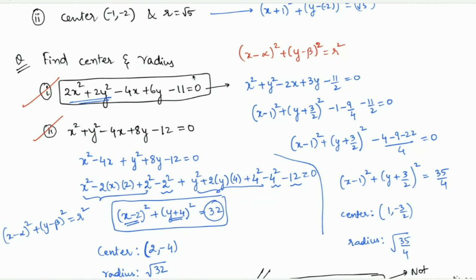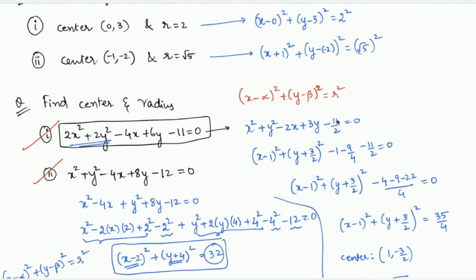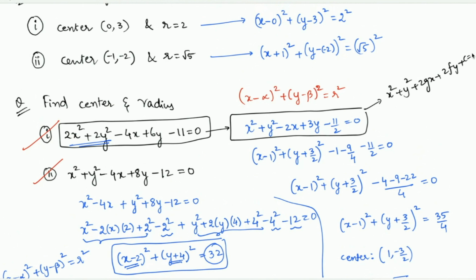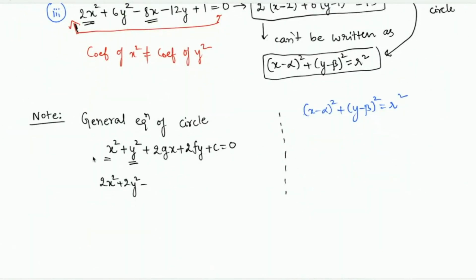But here x square, y square coefficient is not 1. It is not 1, but we can make it 1 by dividing with 2. When I divide with 2, I get an equation like this. That means this is also in the form x square plus y square plus something into x plus something into y plus some constant is equal to 0. Okay. General equation of circle means this one, because every circle can be written in this form.